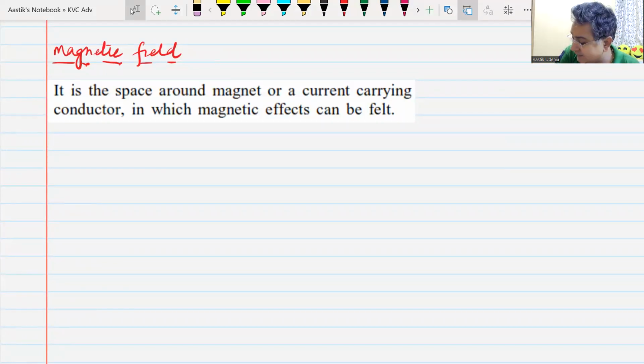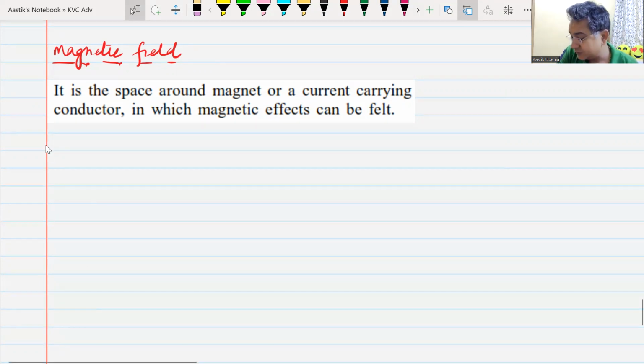Then the next thing is magnetic field. It is the space around a magnet or a current carrying wire where magnetic effects of that wire or magnet can be felt. Do we understand this? Yes, sir.